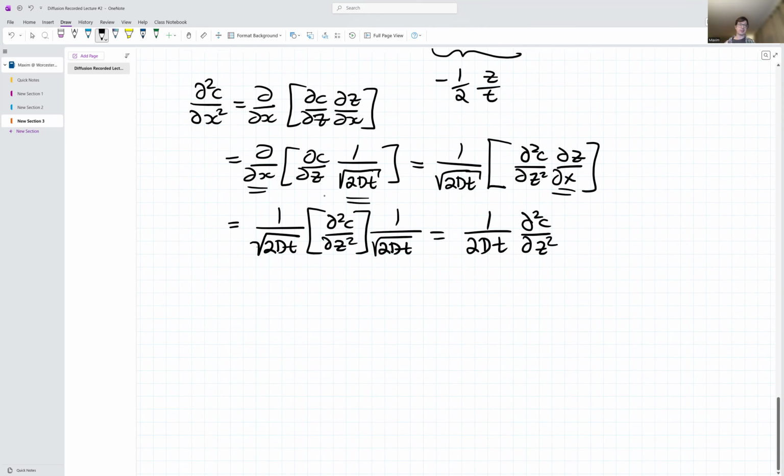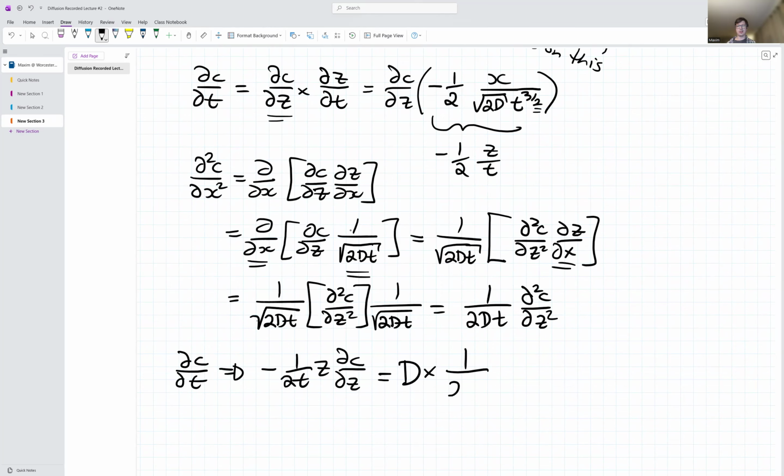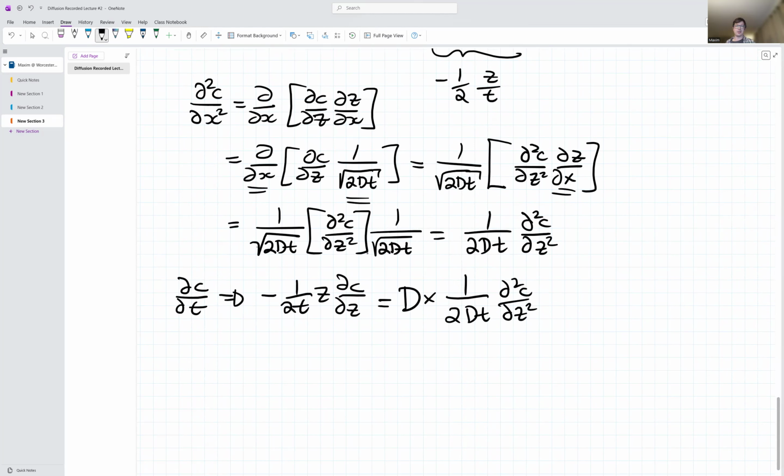All right, let's put it together. So dc/dt now becomes minus 1 over 2t times z times dc/dz. And on the other side, we have D times 1 over 2Dt, and it's two derivatives with respect to z. And the miracle here is that the t's cancel on both sides.